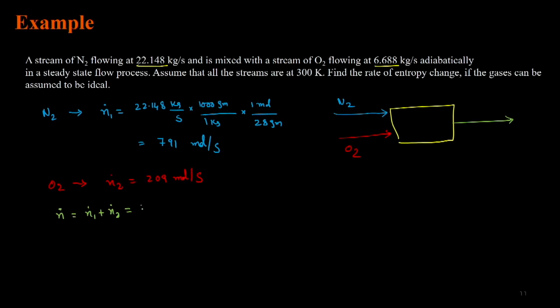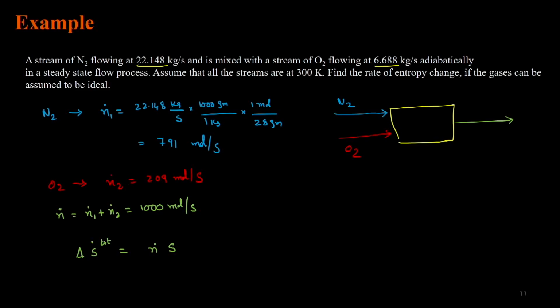This will be 1000 moles per second, the sum of 791 and 209. This is the total mixture I'm making. And we are interested in finding the rate of entropy change. So delta S total dot will be N dot times S.